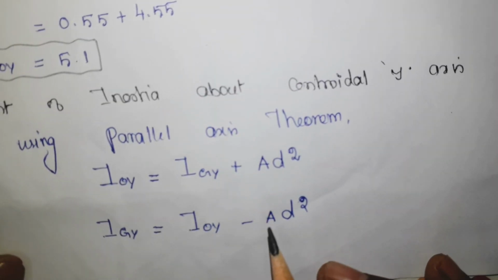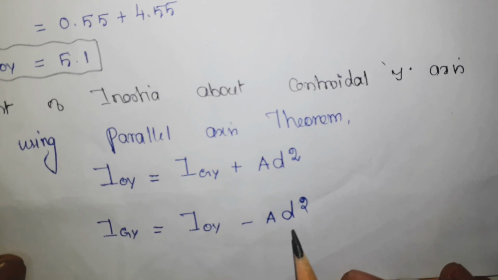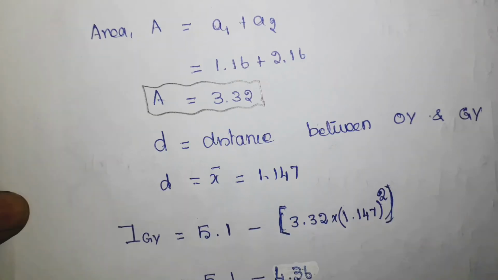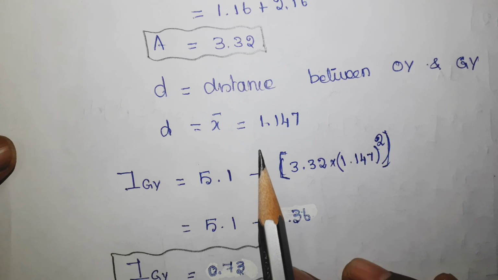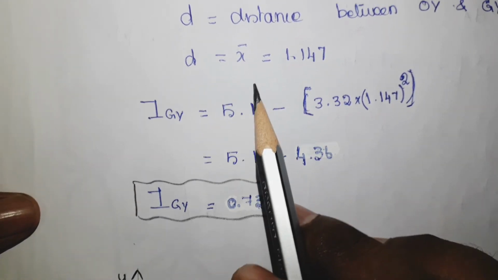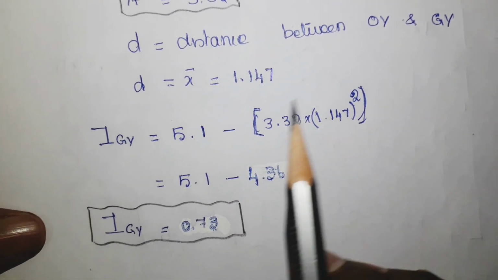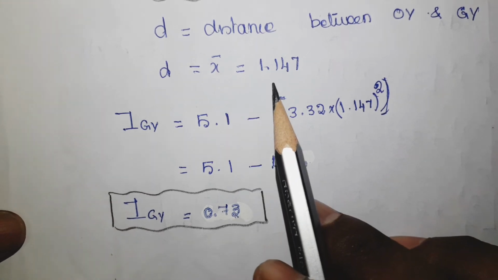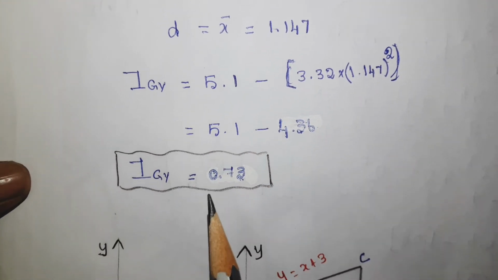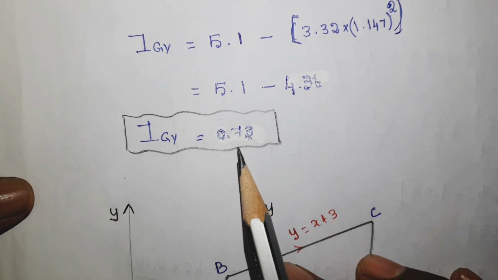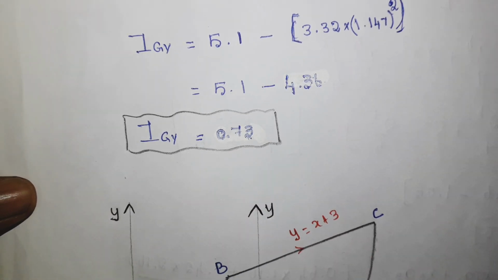Here A is nothing but area of the composite section, and d is the distance between base y axis and centroidal y axis. So now A equal to A1 plus A2, so the answer is 3.32, and d, which is nothing but distance between OY and GY, is equal to again x bar, which is equal to 1.147. Substitute the values, finally you will get the answer as IGY equal to 0.72.